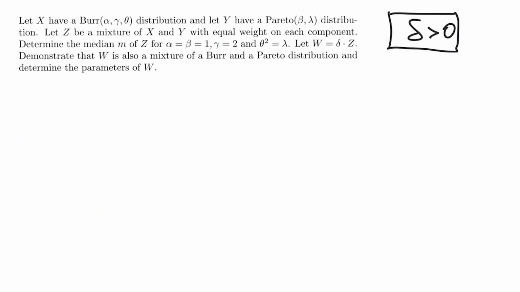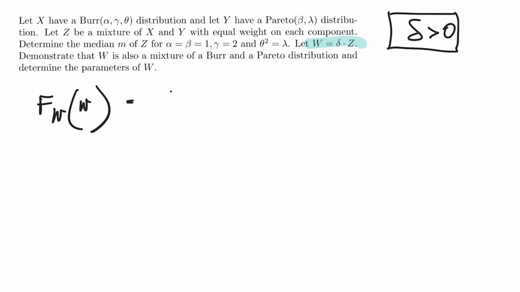In the second part of this exercise, we concentrate on the random variable w, which is equal to delta times z, where delta is a strictly positive number. Now, in order to demonstrate that w is a mixture of a Burr and a Pareto distribution, we look at the cumulative distribution function of w evaluated in a number small w.